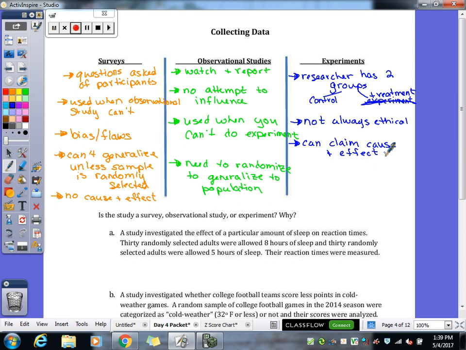You got to watch for hidden variables that may skew your data. So that's something that may affect your outcome that you did not predict to be in there initially.